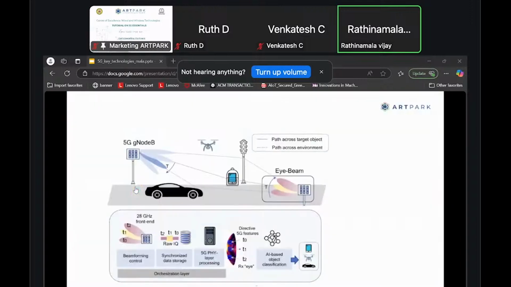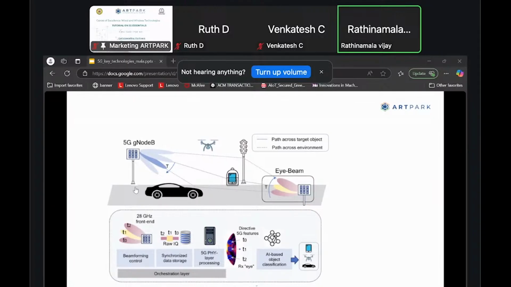And this is an example, a recent work on a millimeter wave 5G compliant platform. The paper is titled I-Beam, and the authors have designed a 5G compliant SDR based platform.